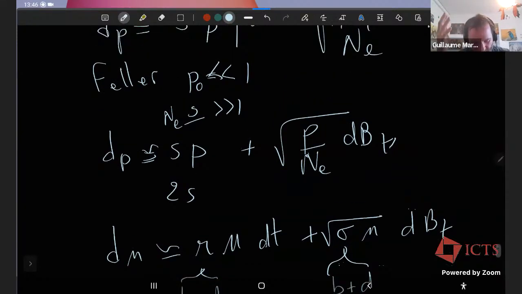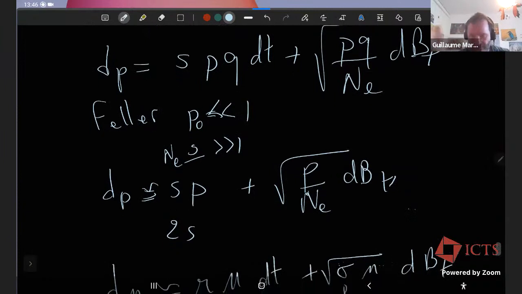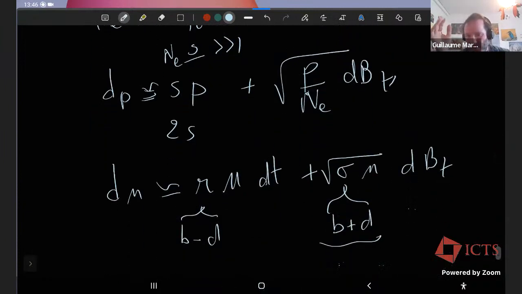But really, you get established because you have noisy demography and there's an absorbing state. The only absorbing state is 0, not 1. But it's not very different in the mathematical spirit of it.